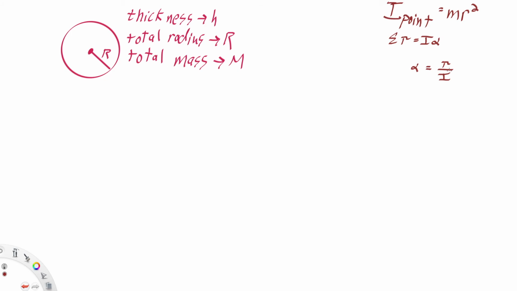So let's instead view this object, right? And we often refer to real objects as extended objects. That is, they have both mass and dimensions. They extend in the 3 dimensions. So for an extended object, instead of making a simplifying assumption, let's treat it as made up of an infinity of point masses.